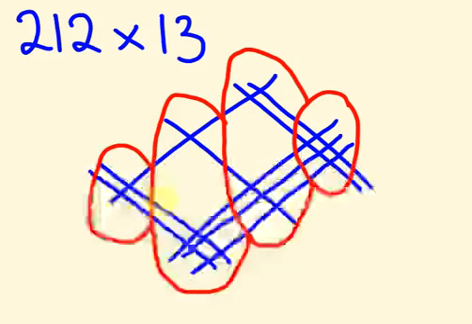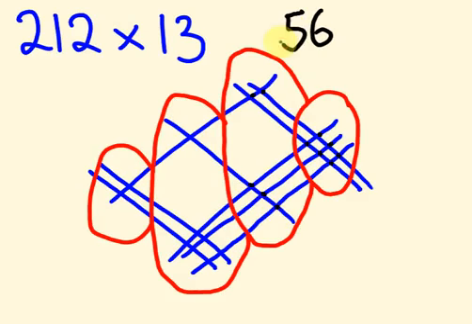And our answer is as follows. We have 1, 2, 3, 4, 5, 6 in the units. We have 1, 2, 3, 4, 5 in the tens. We have 1, 2, 3, 4, 5, 6, 7 in the hundreds, and 1, 2 in the thousands. So 2,756. Hey, that's a pretty cool method, right?